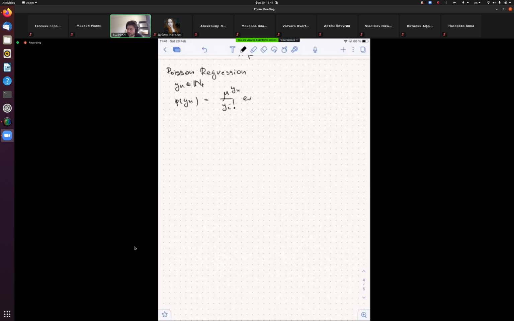And then to normalize it, we could notice that this is just terms from the exponential series, and so it will be this one.